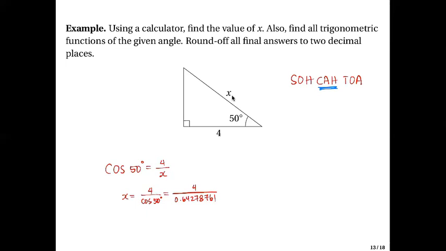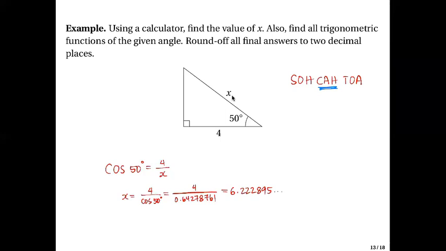Okay. Therefore, we have 4 divided by that number on the denominator, which will give us 6.22285 blah blah.